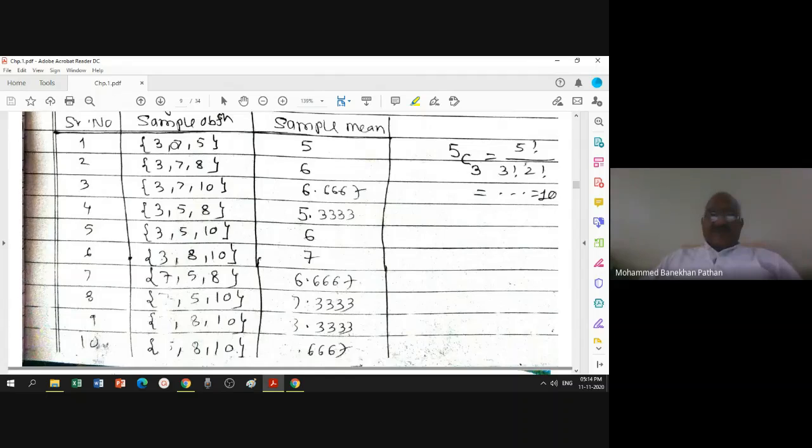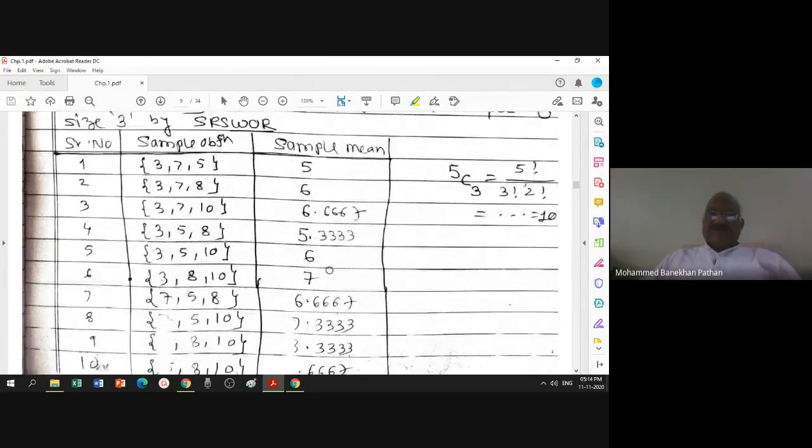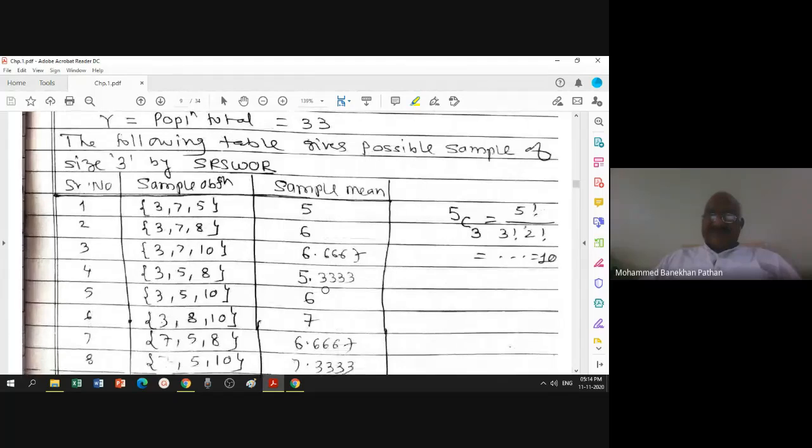Now for each sample, I will get a sample mean: the total of these values divided by 3, and so on. So these are the 10 sample means we have.